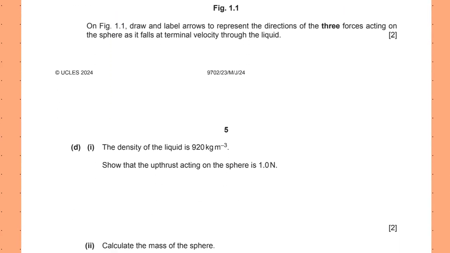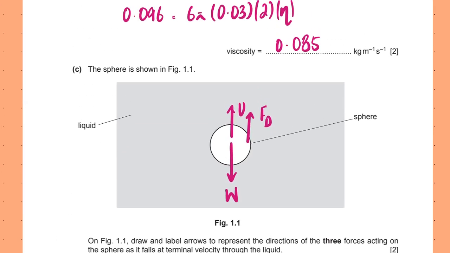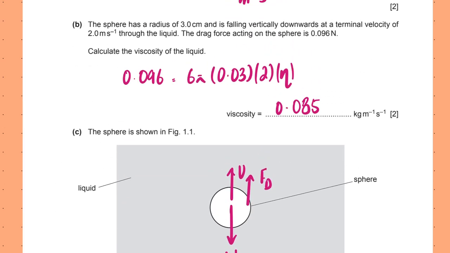Density is given, show that the upthrust is this much. So upthrust is rho g delta v, meaning the volume of the object which is beneath the surface of the liquid. So rho is 920, g is 9.81. I need v, but I don't have v readily available, but I was given the radius above, which was 3 centimeters.